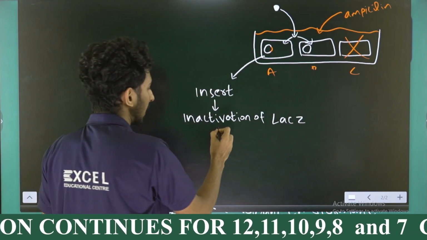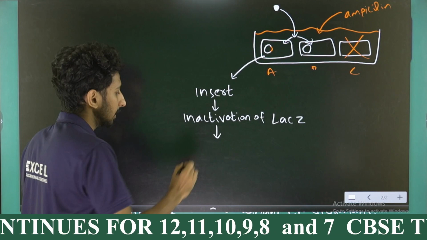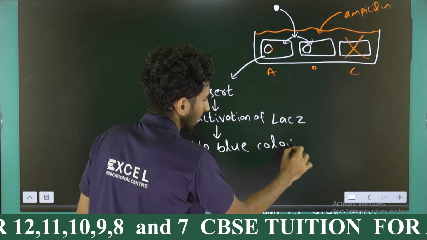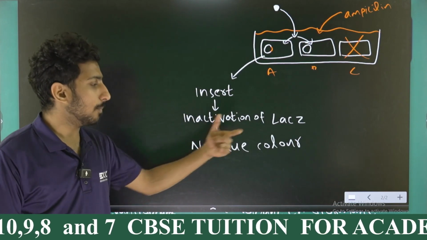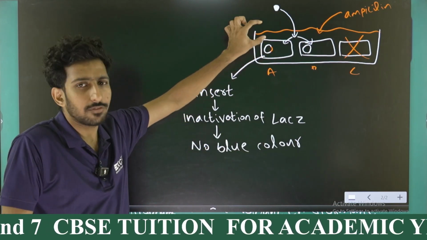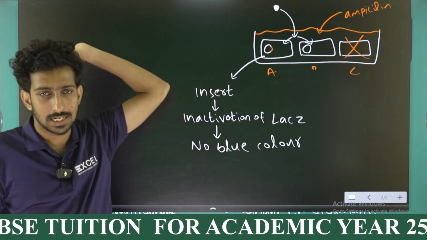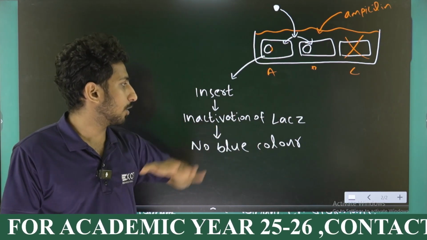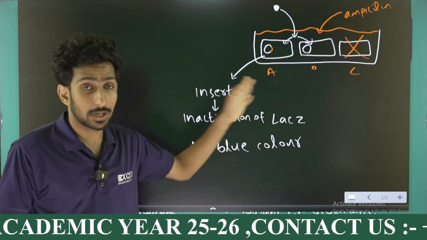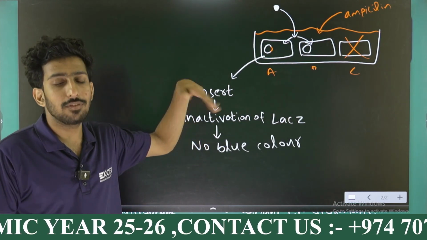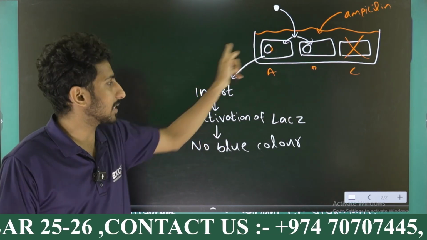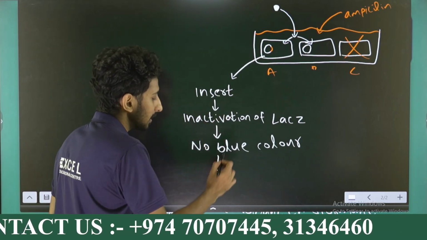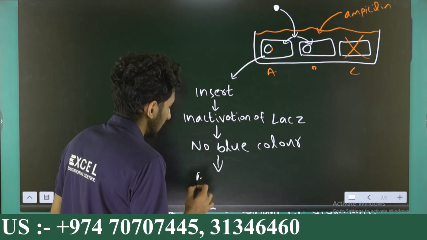If lac-Z gene is inactive, there will be no blue color after the addition of a chromogenic substance. So there will be inactivation of lac-Z. If inactivation of lac-Z, we can assume there is an insert.